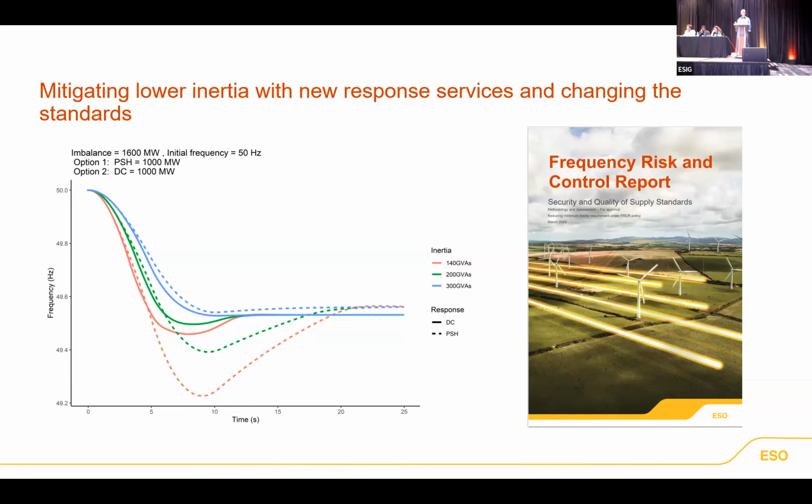And it's cheap. When we started two years ago with dynamic containment, to stimulate the market, we paid £17 a megawatt hour for this response. Now we're paying £1.50, so less than $2 for every megawatt hour of frequency response. So together with the fast frequency response, we've done dynamic containment and the reduction in inertia. We also spent £50 million changing the protection devices on 25 gigawatts of embedded generation.